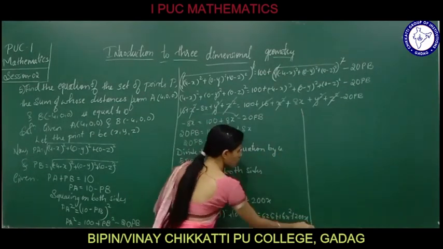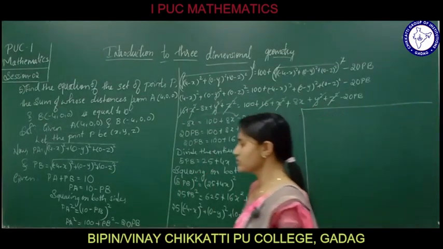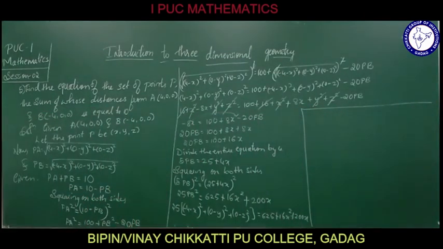Now go on further simplifying. We got 25 into minus 4 minus x whole square plus 0 minus y square plus 0 minus z square. Now we shall go on simplifying.